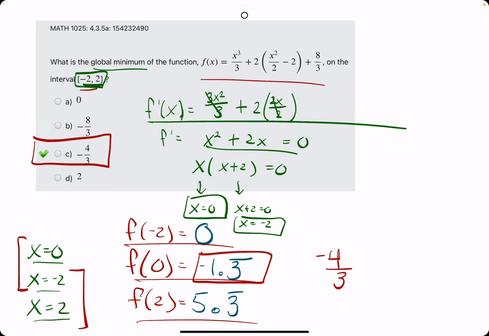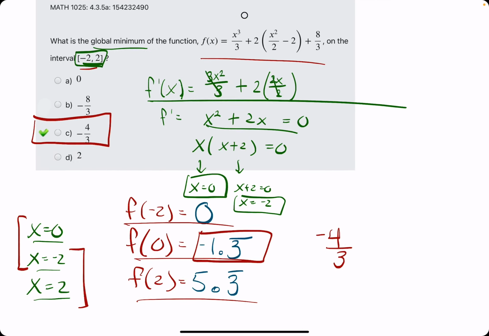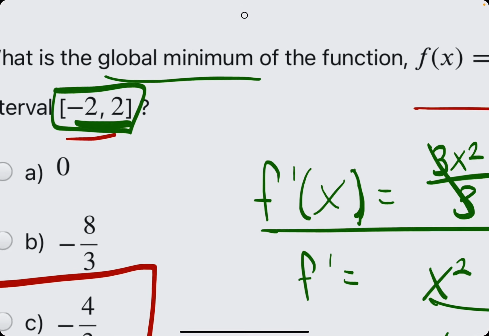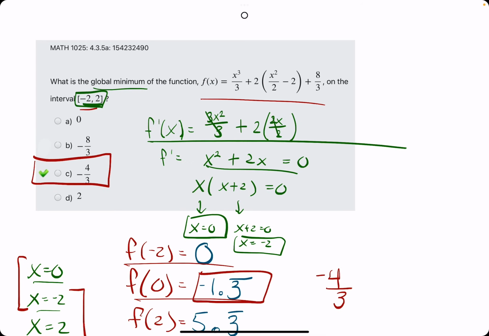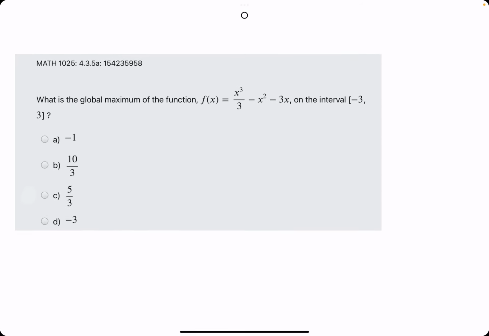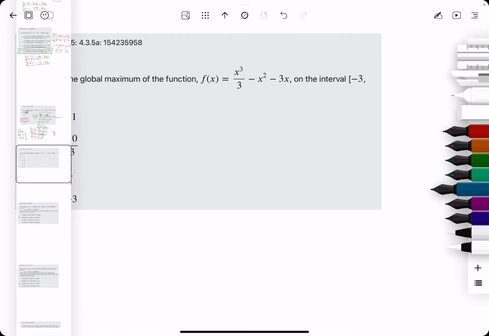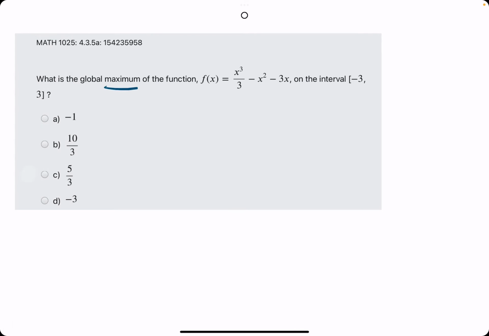All right, I hope this process makes sense. We find the derivative, set it equal to 0, find the critical points, and then we plug those critical points as well as any remaining endpoints into the original function. Because they ask for a global min, we are looking for the smallest y value. So let's apply that process here instead to find the global max. Finding the derivative, we get 3x squared over 3 minus 2x minus 3, set equal to 0.